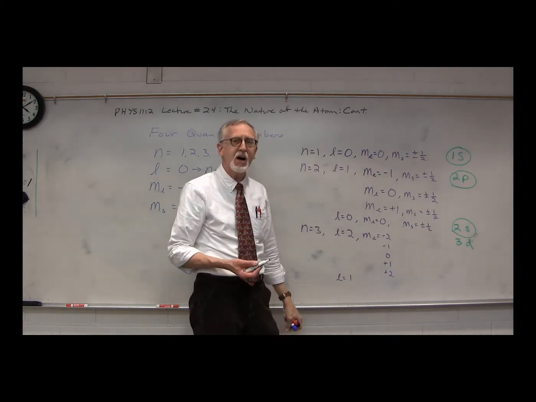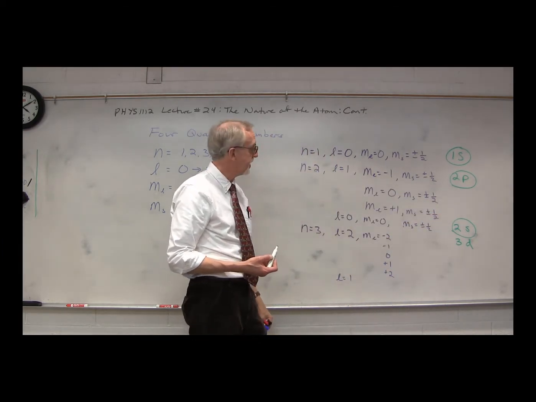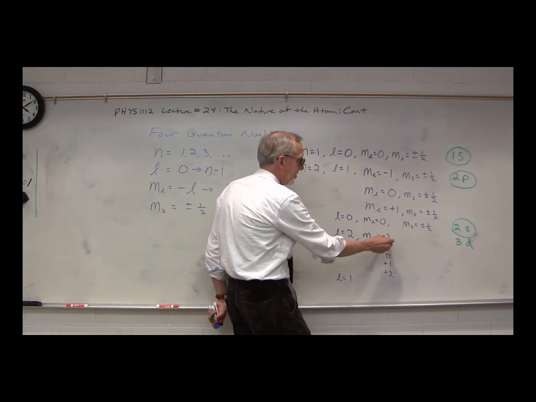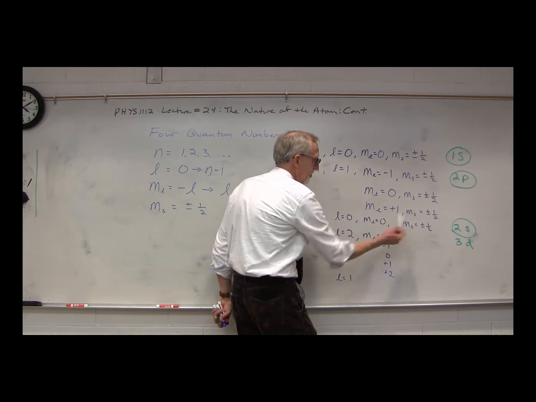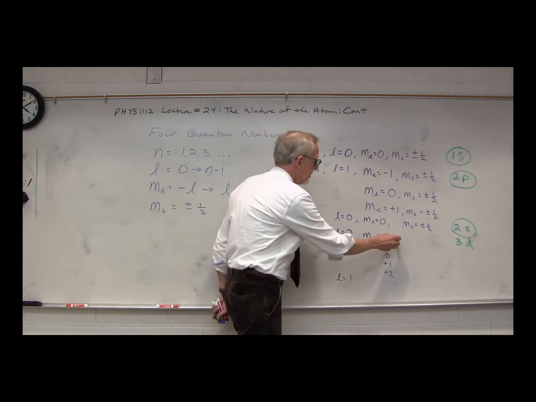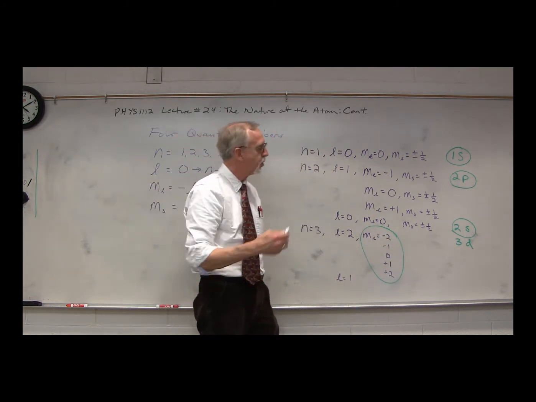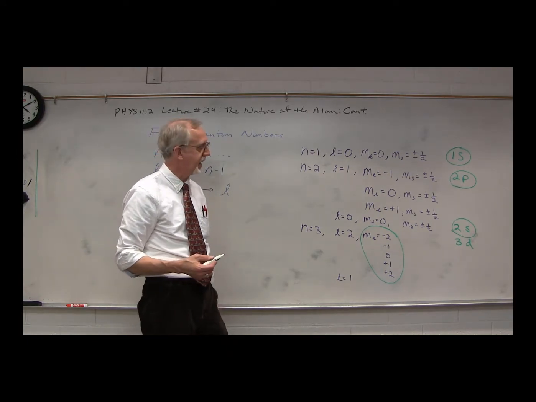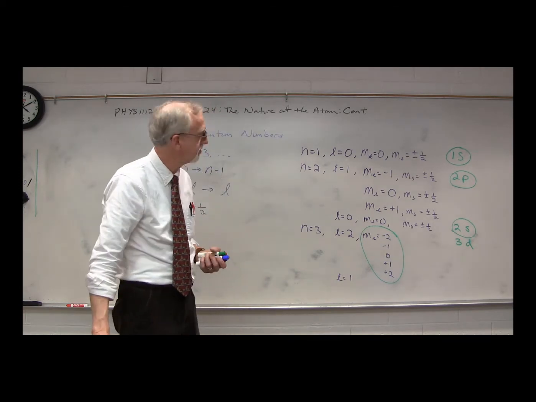If you've ever heard of the octet rule, there we go, 8 electrons can fit in the n equals 2 state. And then in the 3D state, we've got 1, 2, 3, 4, 5, 6, 7, 8, 9, 10 for the two values of m sub S. We can put 10 electrons in the 3D state, then 8 more in the 3p state, 2 more in the 3s state, etc. So you might have seen something like that if you've taken a chemistry course.